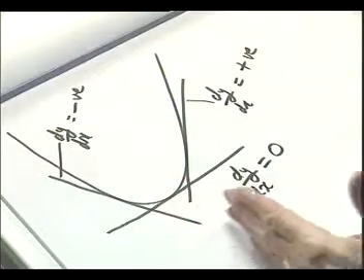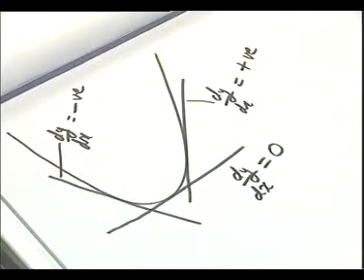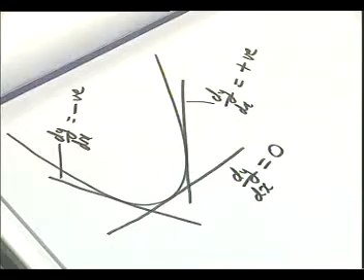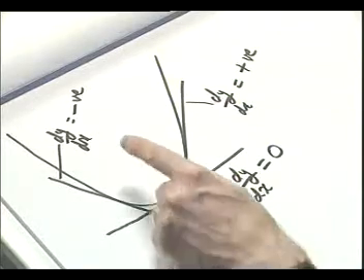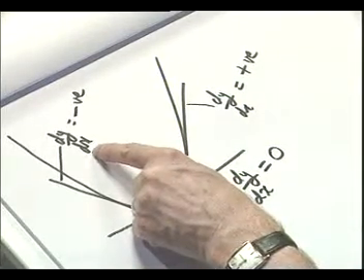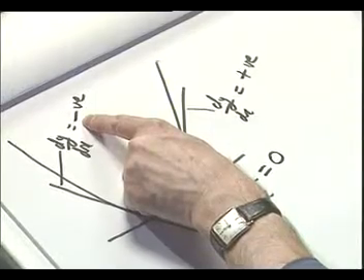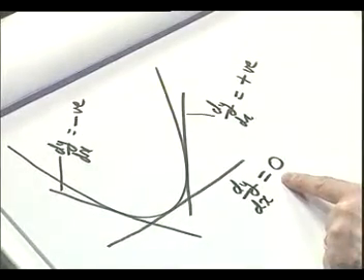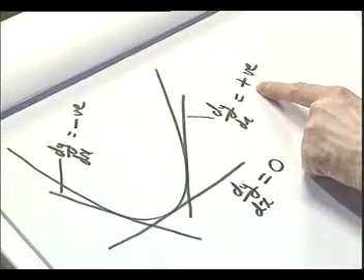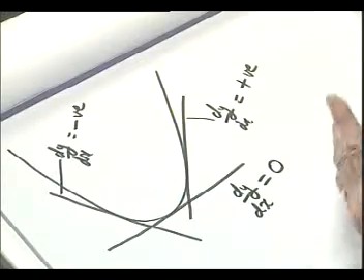As x increases, what's happening to dy by dx? Well, as x increases, dy by dx goes from negative to 0 to positive. So dy by dx is increasing as x increases.